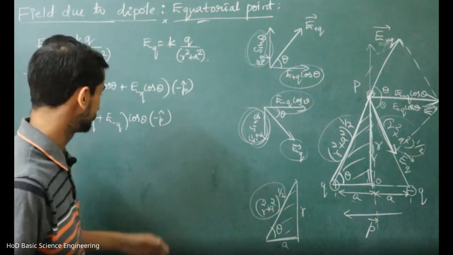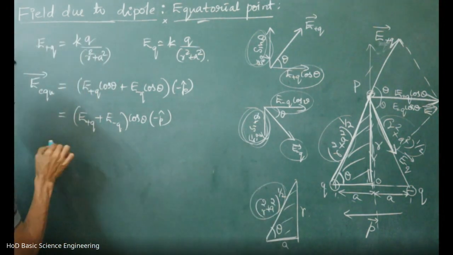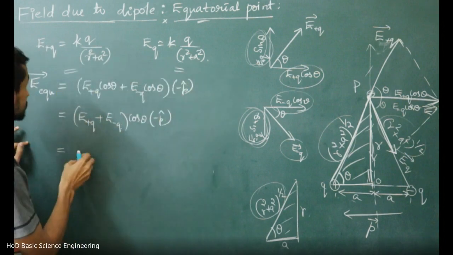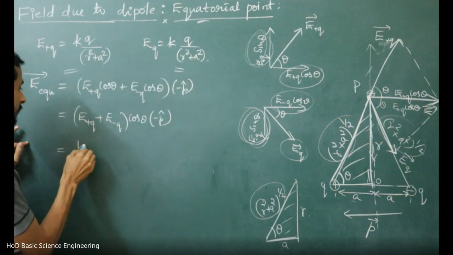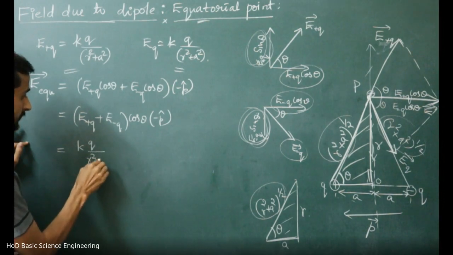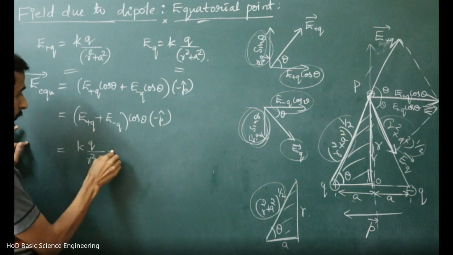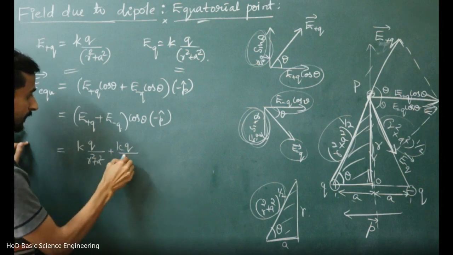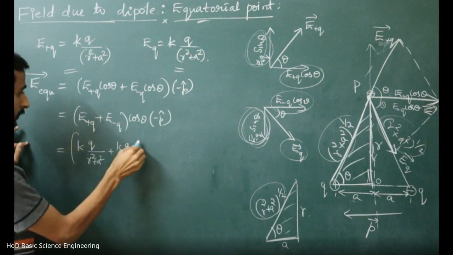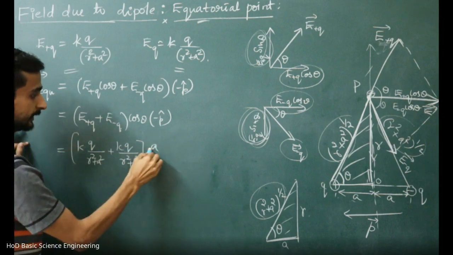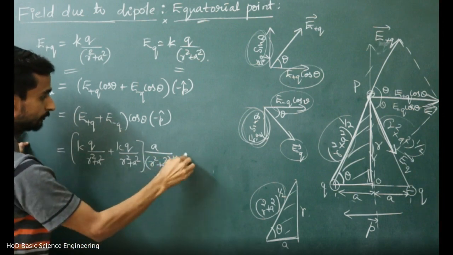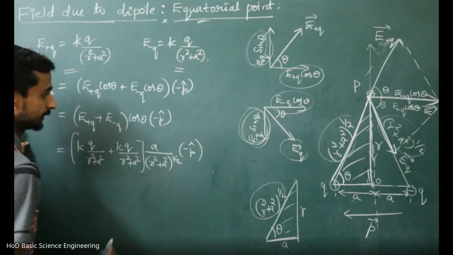And you know the expressions for E plus Q and E minus Q. Just substitute these two values. So what do you get? K Q divided by r square plus a square, plus K Q divided by r square plus a square, into cos theta, that is a divided by r square plus a square to the power half, into minus p cap.